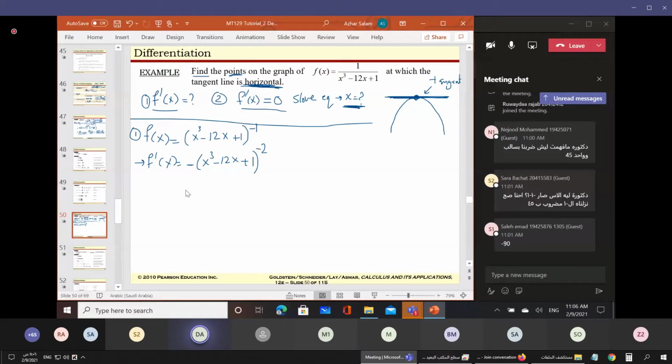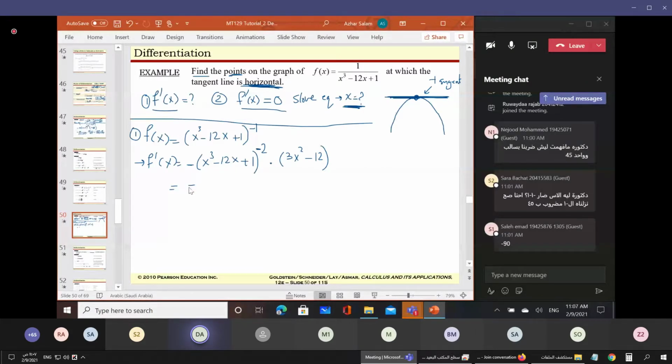Okay. Equals, of course, this is the final result. All that remains is to get rid of this negative power. It will be minus 1, multiplied by the derivative of what is inside the brackets, which is 3x squared minus 12.